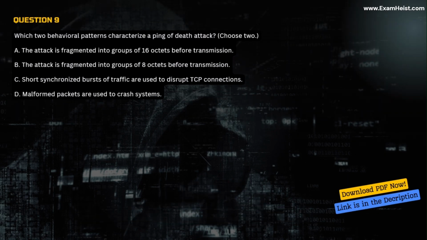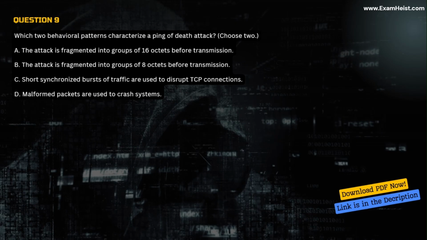Question 9. Which two behavioral patterns characterize a ping of death attack? Choose 2. A. The attack is fragmented into groups of 16 octets before transmission. B. The attack is fragmented into groups of 8 octets before transmission. C. Short synchronized bursts of traffic are used to disrupt TCP connections.